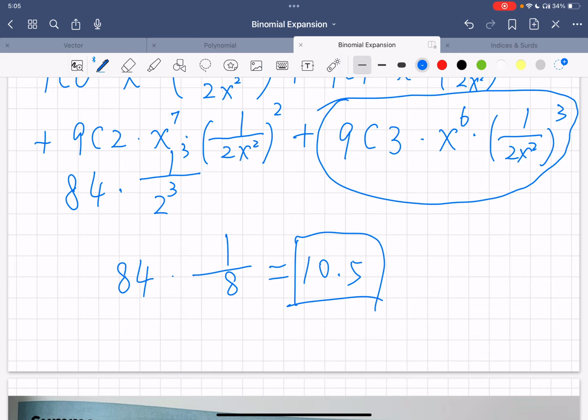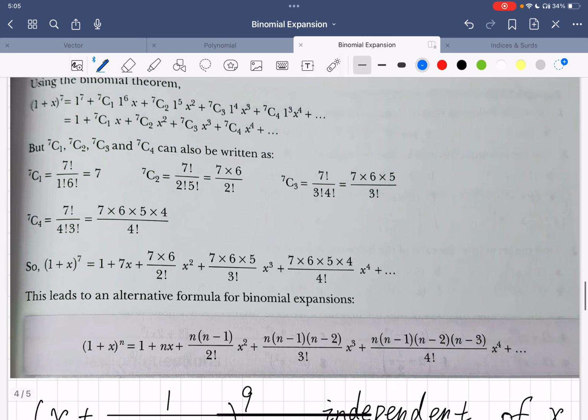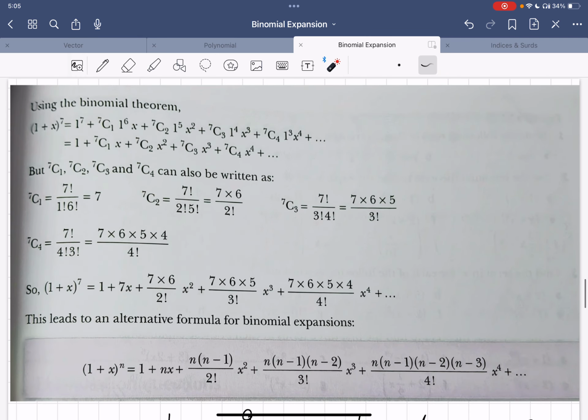Okay, so another one. I wish you guys to take a look and remember this one. For this case, because there's a strong relationship between the combination and the factorial terms, for example here, 7C1 equals 7.